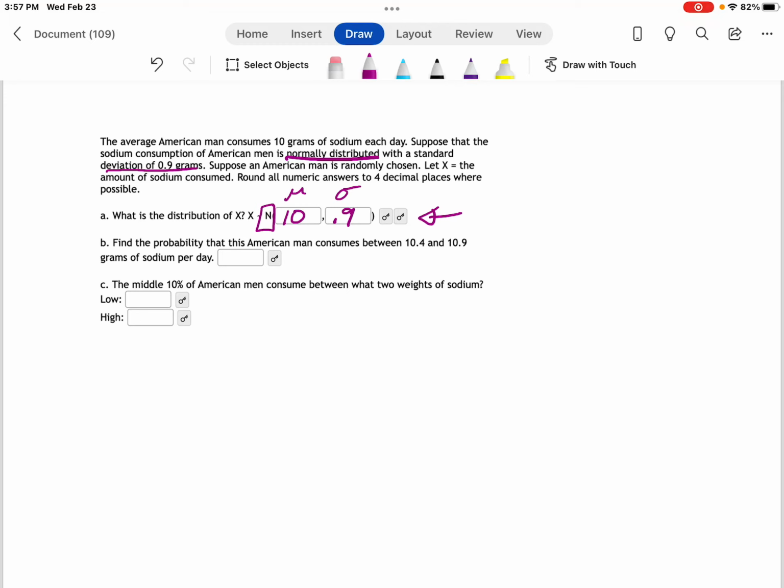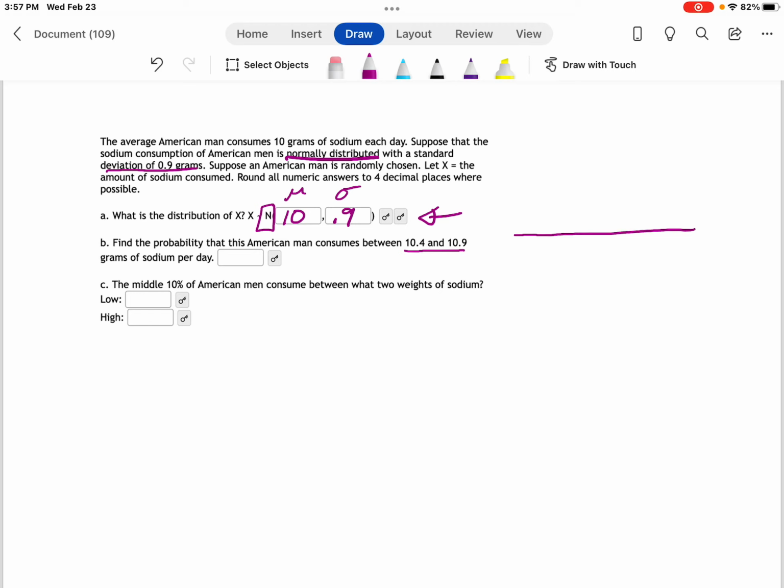Part B says, find the probability that this American man consumes between 10.4 and 10.9 grams of sodium per day. So we want to find the proportion of men that fall between those two values for their salt consumption.